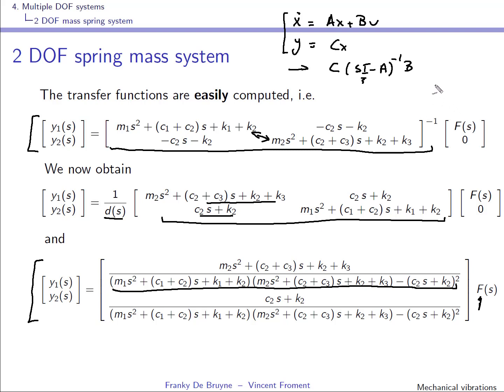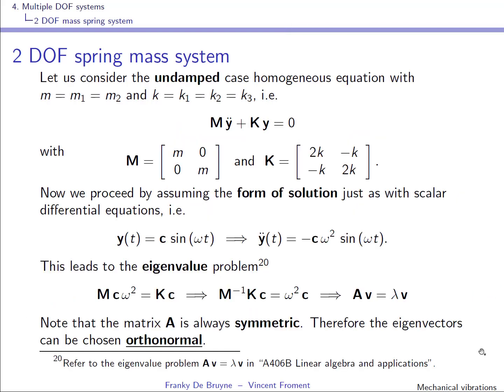That would also lead to the same result, but as we will see later in an example, it's more complicated than doing things with this second order differential matrix equation, which is better suited for this type of problems.